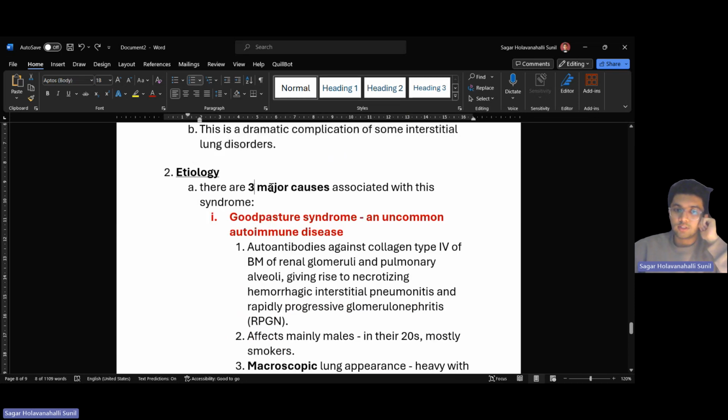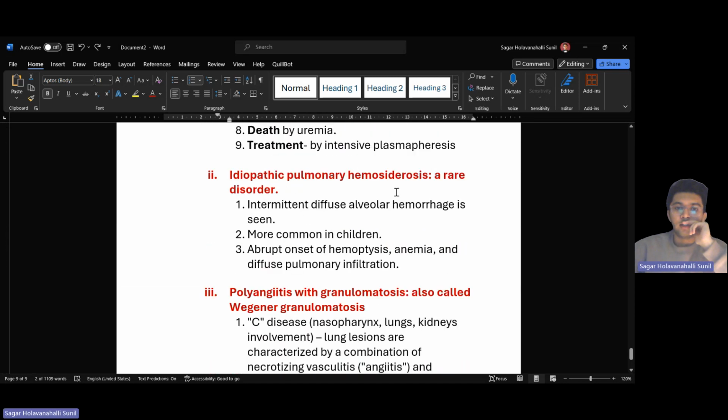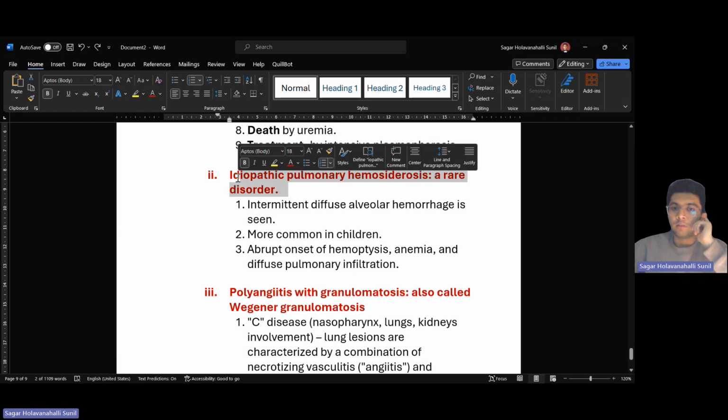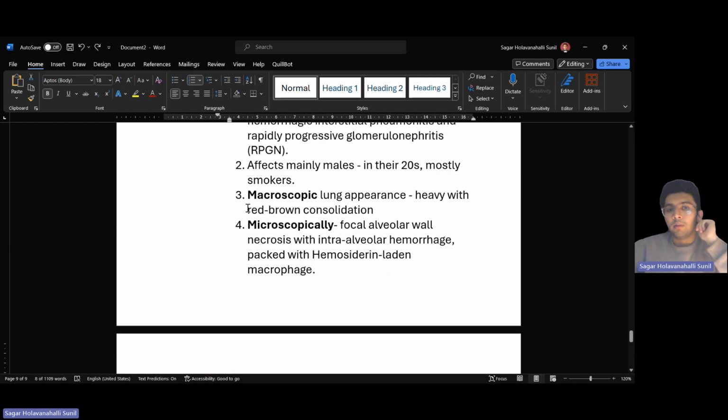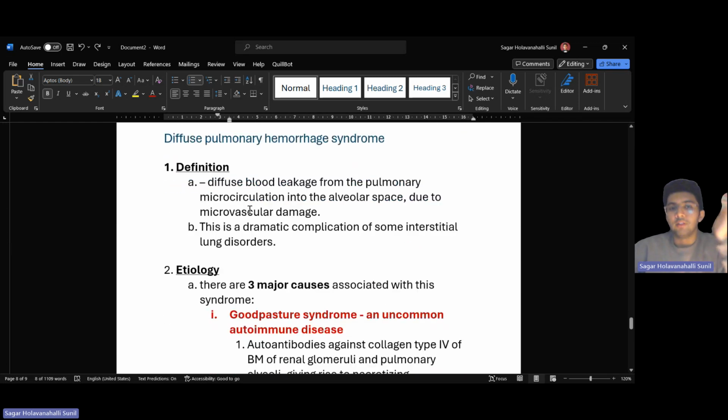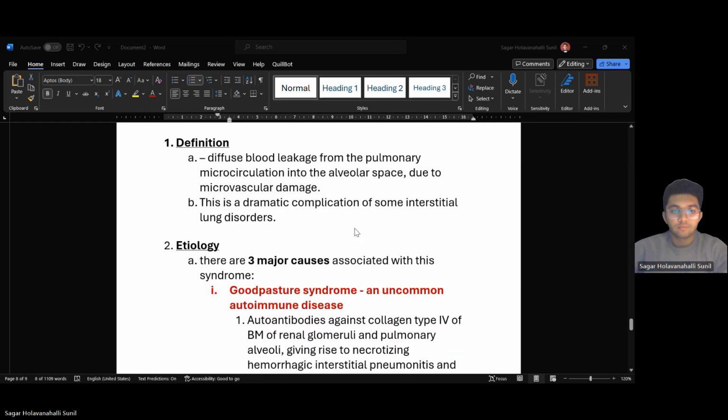The three major causes: it could be an autoimmune disease, it could be a rare disorder such as idiopathic pulmonary hemosiderosis, or it could be polyangiitis with granulomatosis. It could also be because of some severe infection, like maybe because of some parasite or some bacteria, or it could be because of some fungal infection.